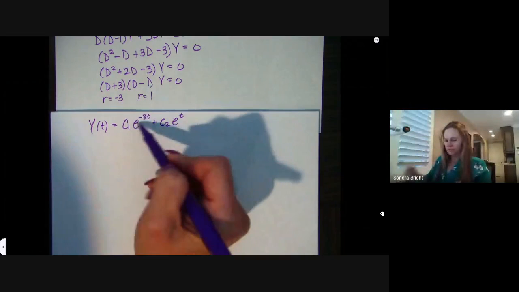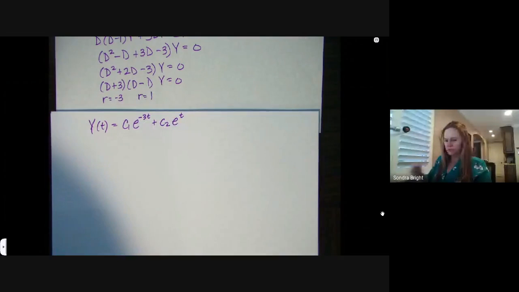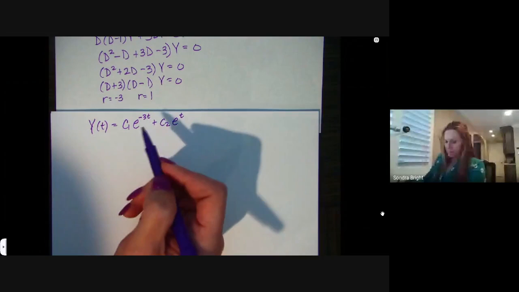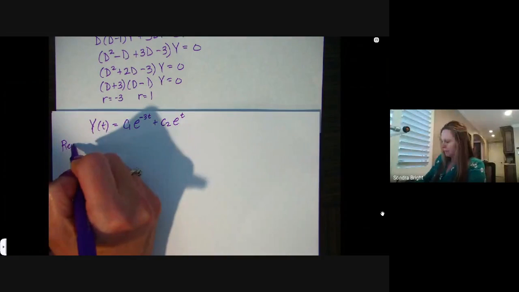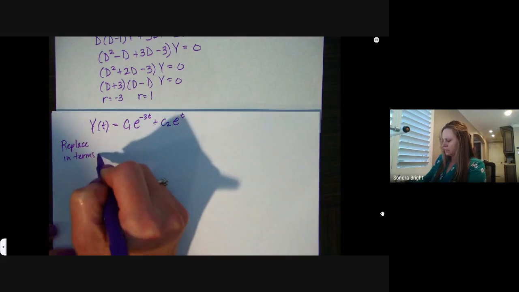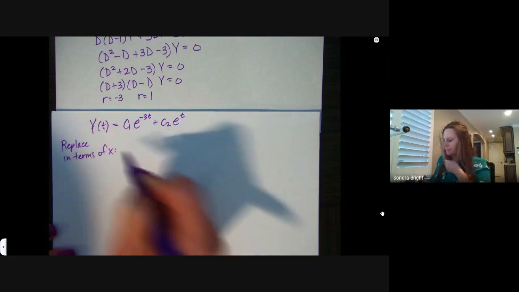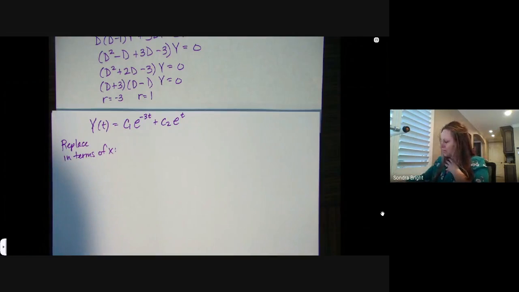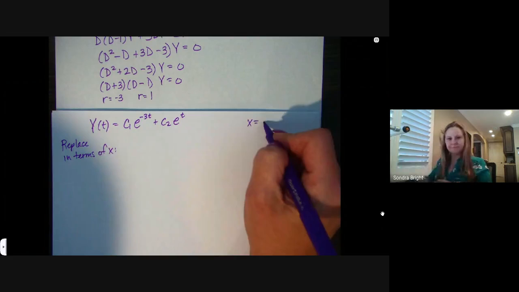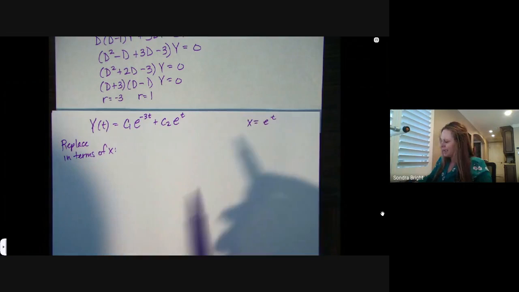All right, so that's capital Y, but we want to solve for lowercase y, which is in terms of x. So we need to replace it in terms of x so that we can replace it with a lowercase y. Okay, so what I knew was I did a replacement of x equals e to the t. But I've got an e to the t here. That's a straight up replacement.